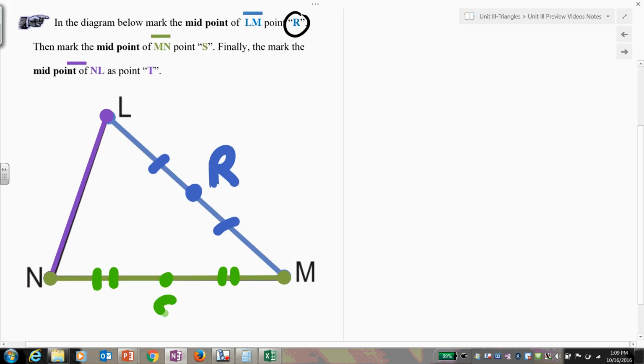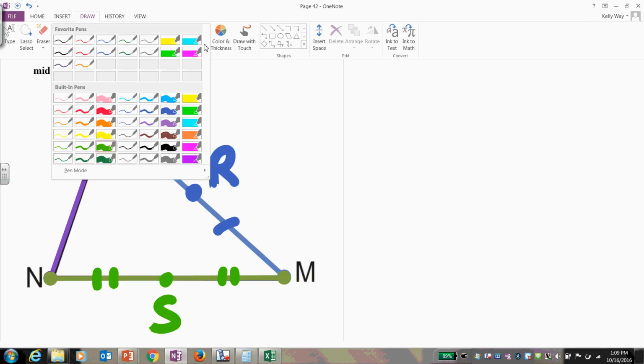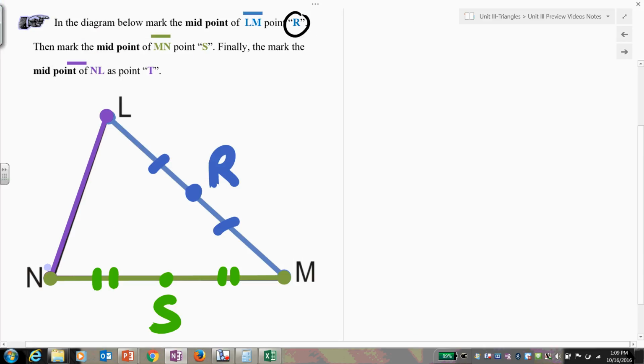We're going to call that S. Now we're going to find the midpoint of NL, eyeball what looks like the middle. We're going to call that T.